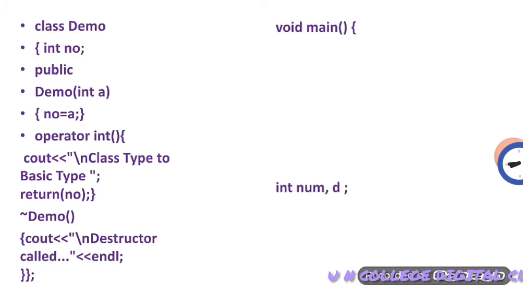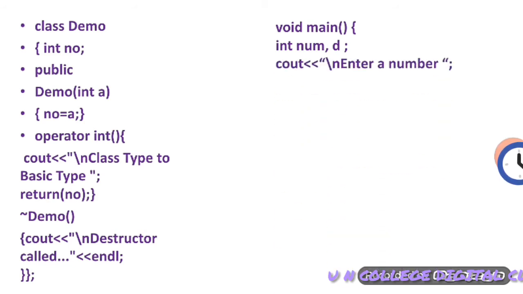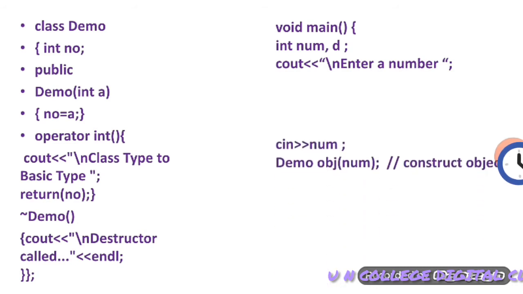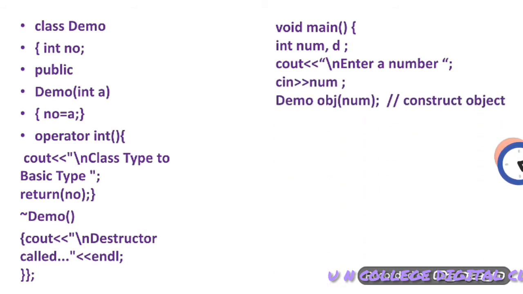Then in the main method, I have used int num and another variable, that is d, two integer variables here. Then cout enter a number, then cin num, and here I am creating the object of demo, that is demo obj, and I am passing num to the constructor.